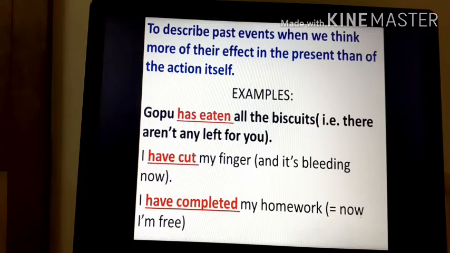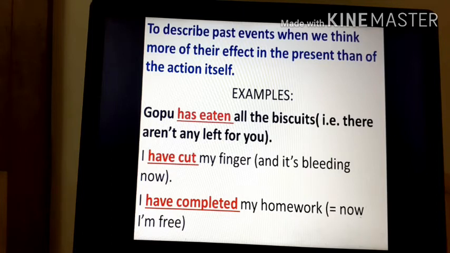I have cut my finger and it's bleeding now. As you can see, I have written in the bracket. So, the cutting of the finger is the past event, but we are basically giving more effect of the action that is bleeding now, isn't it?